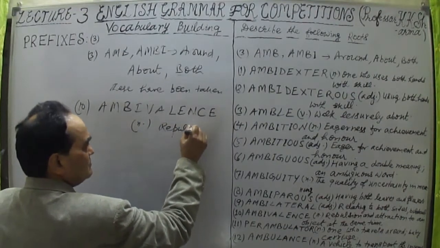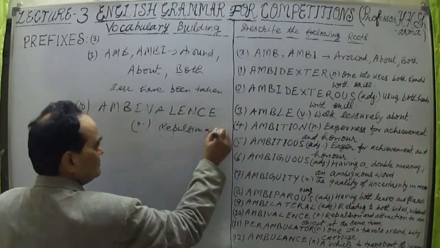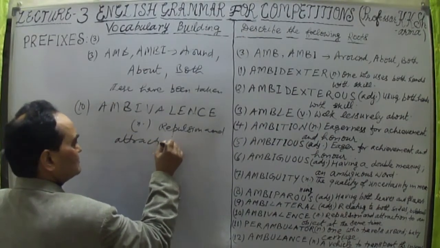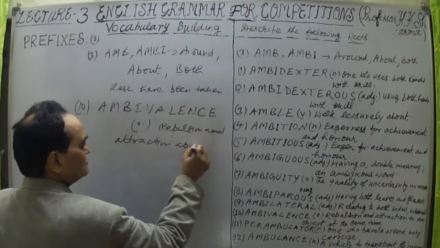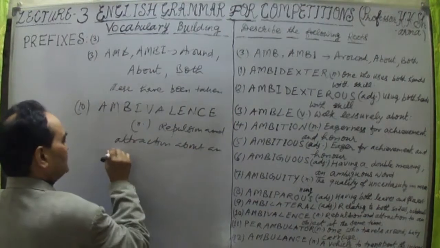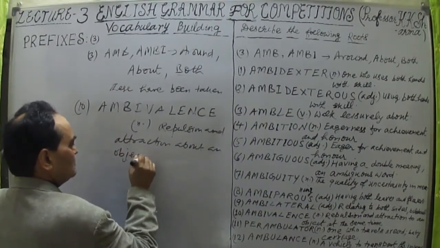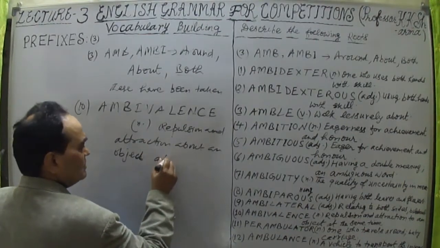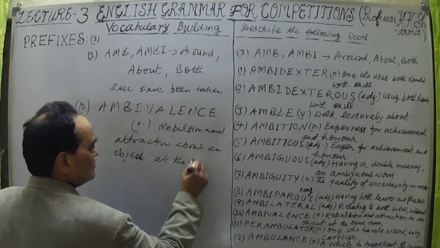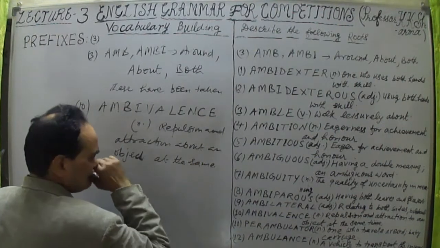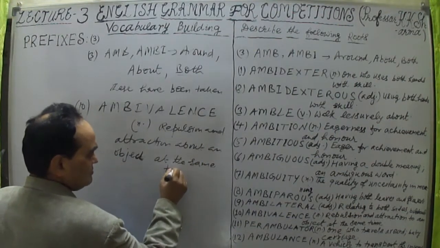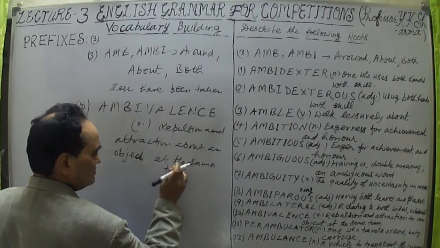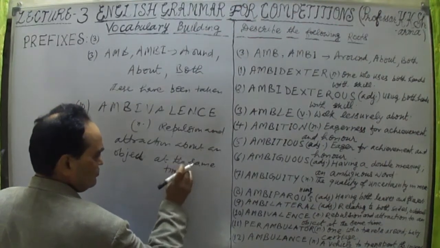So we can say repulsion and attraction about an object at the same time. At a moment, we are confused: do I take this side or that side, because both sides are present in this object.